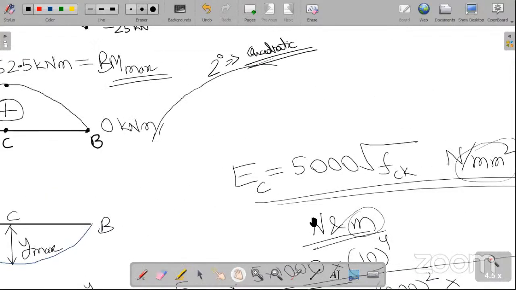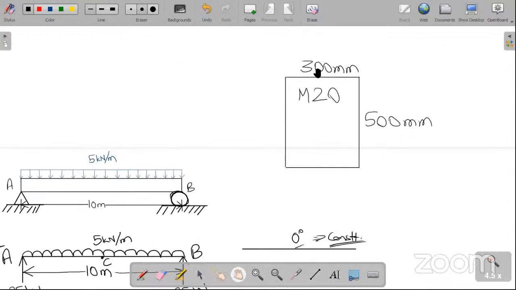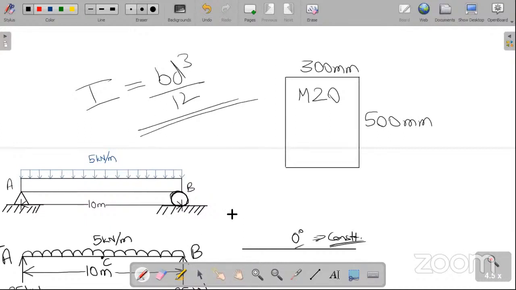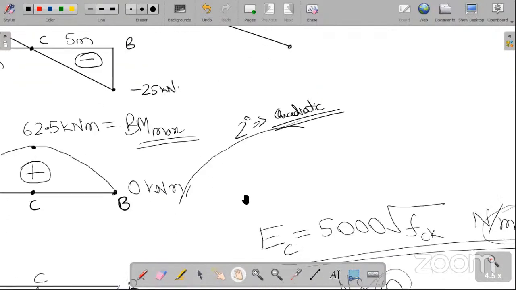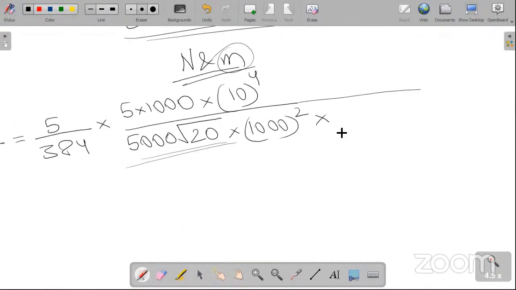I means moment of inertia. The moment of inertia of this section will be BD cube by 12. Let me write it here. I equals BD cube by 12. And we'll keep everything in meter. So B is 0.3, D is 0.5.